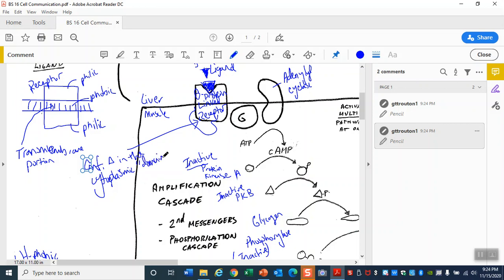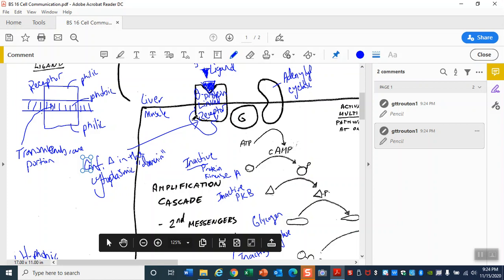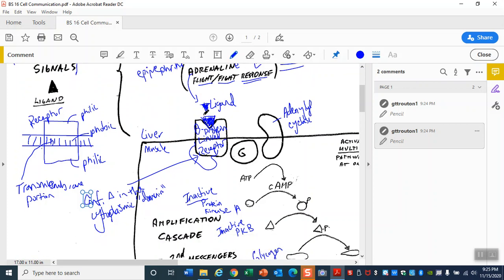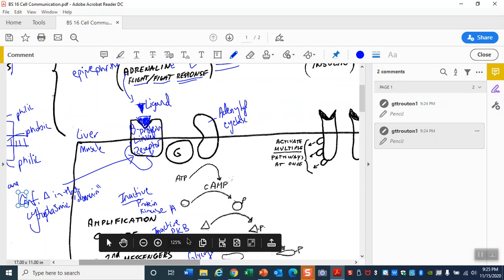The cytoplasmic domain of the receptor after the ligand binds. After the ligand, in this case the ligand is adrenaline, after it binds, right? So what does that do?